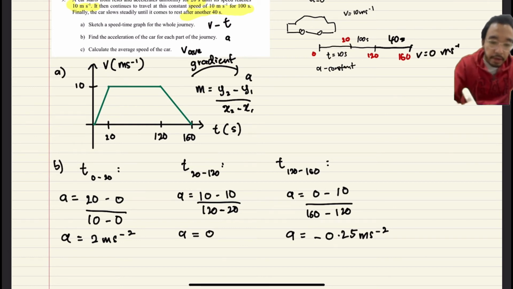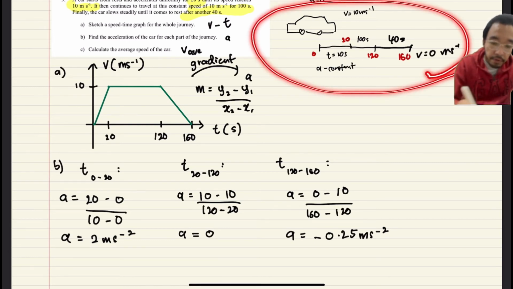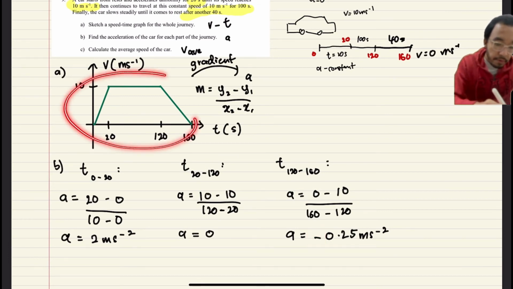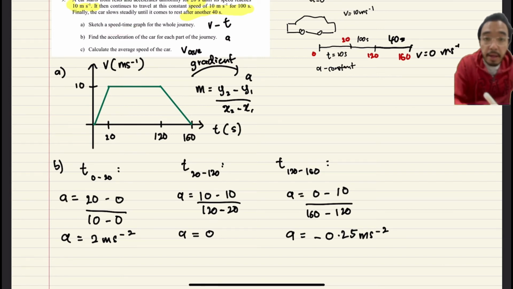Obviously, if the car follows this diagram, and we assume that it is moving to the right, that means this acceleration is actually to the left, because of the negative sign. So for this graph, you don't consider the direction because they ask you to draw the speed against time graph. But obviously, if you assume that it's moving to the right and you want to consider the vector as well, so this one is moving to the left, you can write it down, doesn't matter. So you can rewrite it.